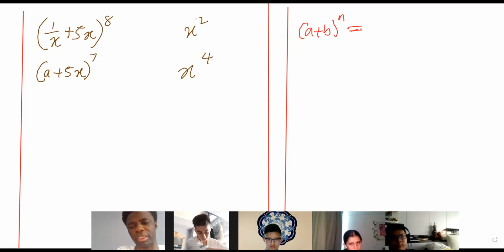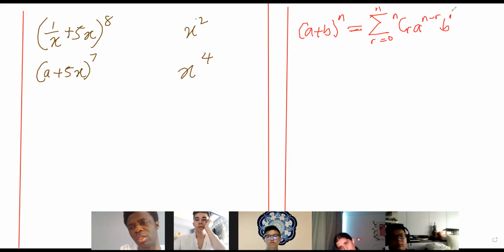Don't look at any paper. Anyone? Come on, we don't have all day. You don't remember? Summation r from 0 to n, n combination r, a raised to power n minus r, b raised to power r.